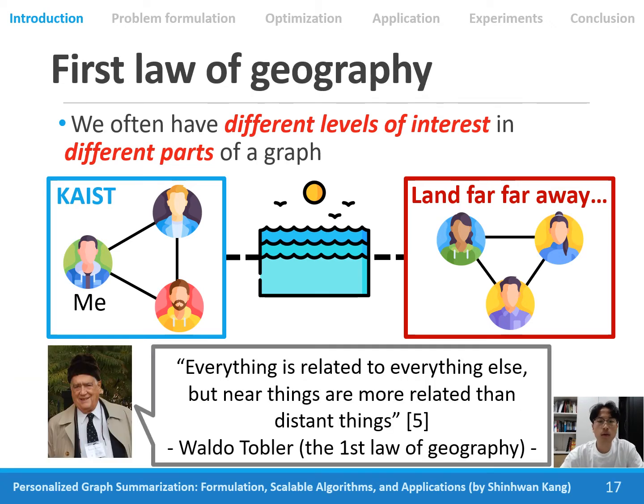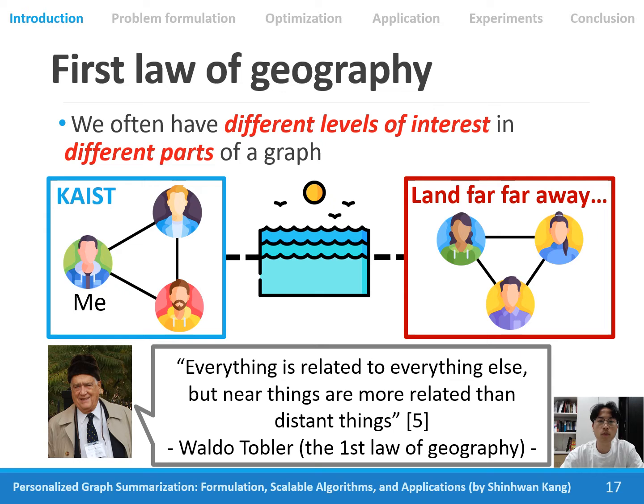Sure, intuitively, I prefer to better preserve the connections between people close to me which are more likely to be useful to me. In other words, in order to obtain a compact representation of a given graph, it is better for me to suffer the loss of information about the land far away. This is an example of a well-known phenomenon called the first law of geography.